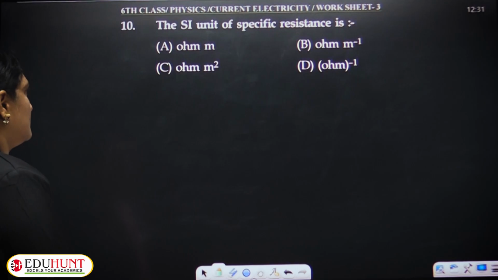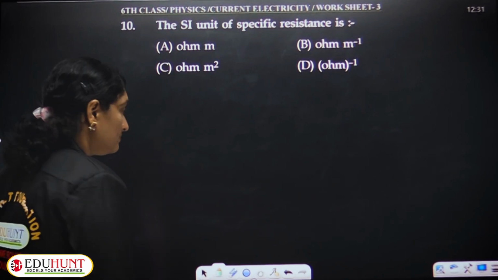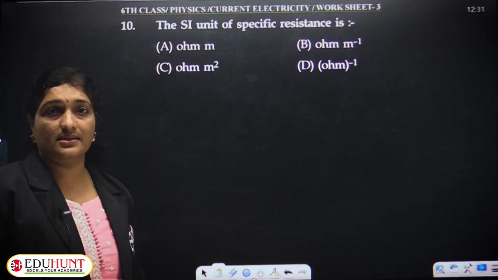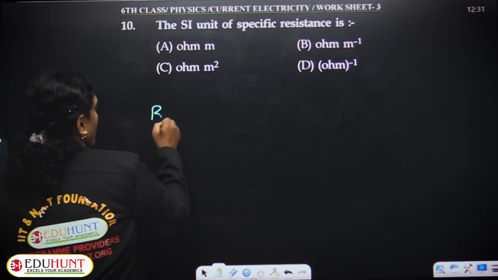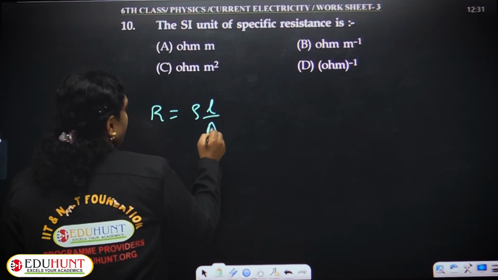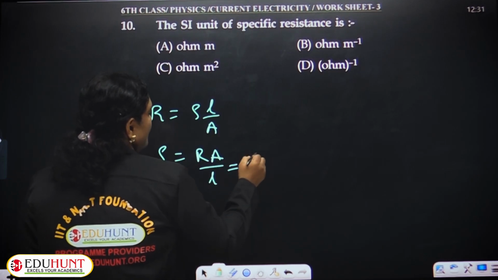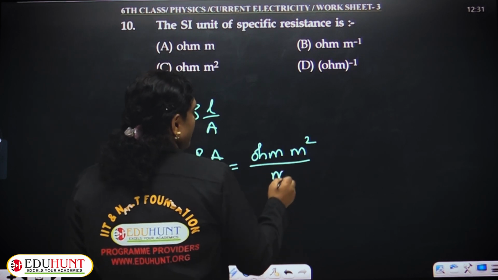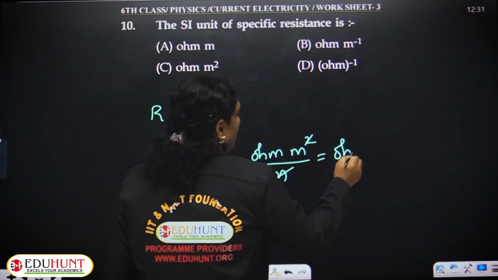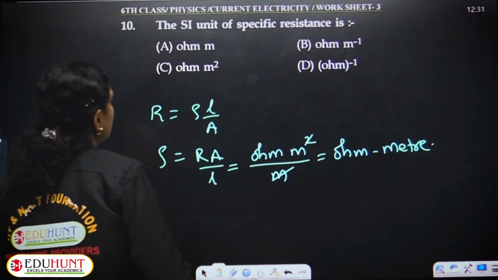Well, moving to the next one, the SI unit of specific resistance. Specific resistance is nothing but your resistivity. The other name for resistivity is also specific resistance. Since R is equal to rho L by A and rho is equal to R A by L, its value is ohm meter square upon meter, and this is nothing but ohm meter. So, where is ohm meter, children?